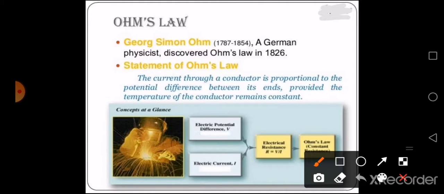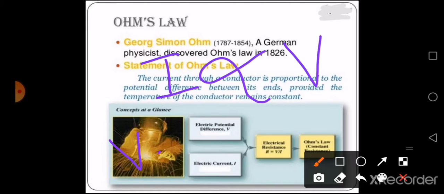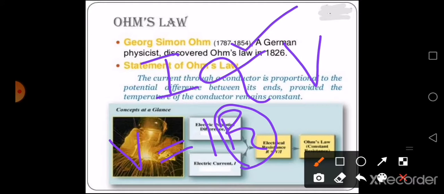Okay. Now let us see the equation with the statement. According to the statement, the current through a conductor is directly proportional to the potential difference across it, provided temperature remains the same. This is what the law says, or V is equal to I into R, where R is the proportionality constant.